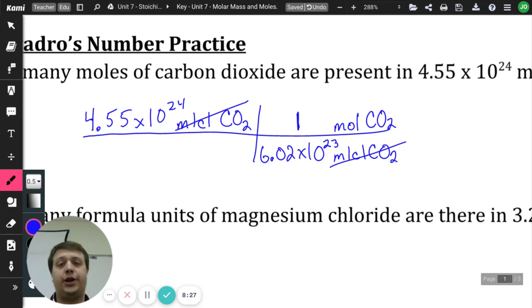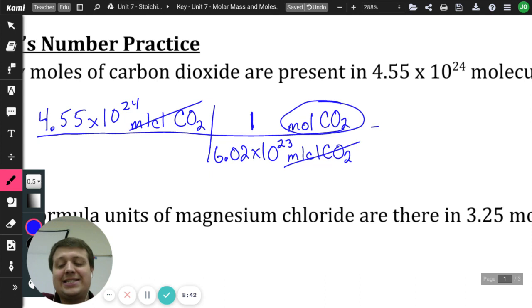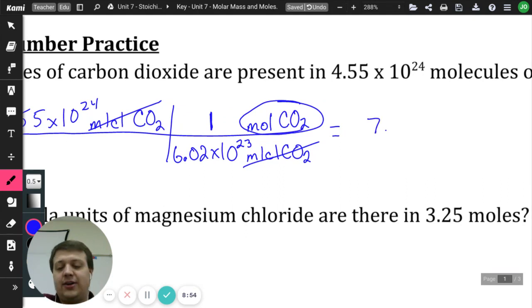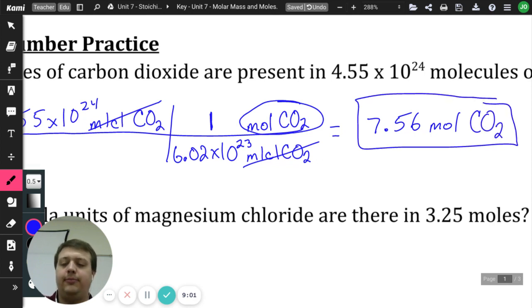So I can use this ratio here, this 1 to 6.02 times 10 to the 23rd. And when I do that, I've now converted into moles of CO2. So moles of CO2 is what I'm looking for. So now I can go ahead and solve. So I would do 4.55 times 10 to the 24th times 1 divided by 6.02 times 10 to the 23rd. We would get 7.56 moles of CO2. And then this would be my answer.